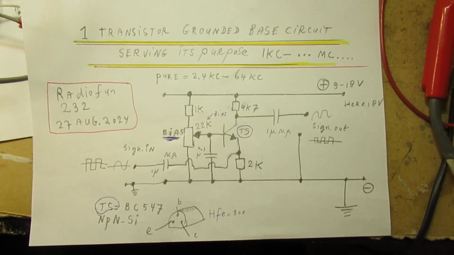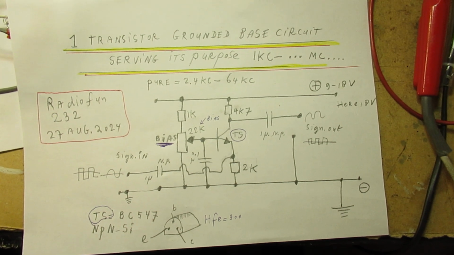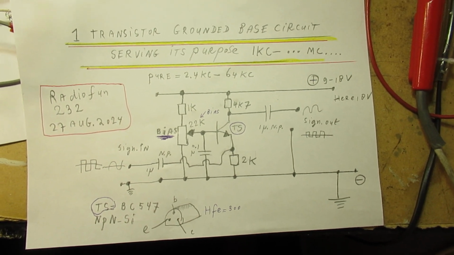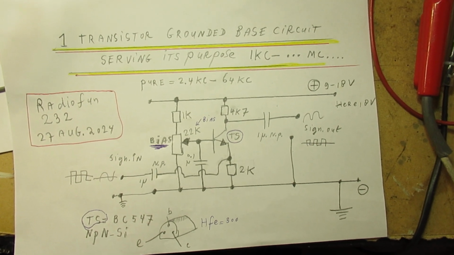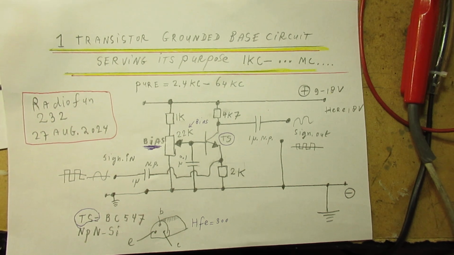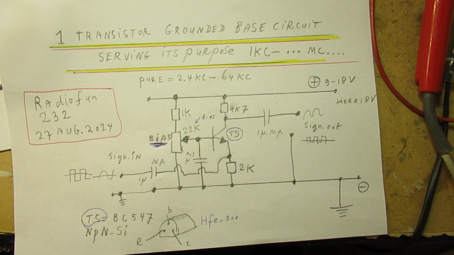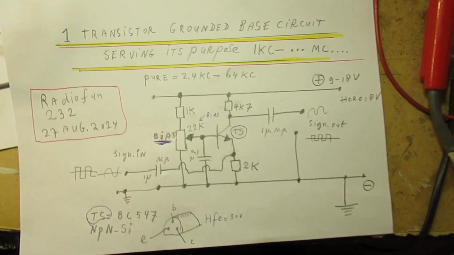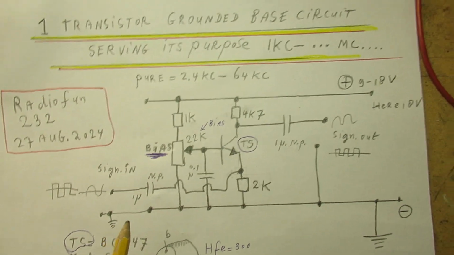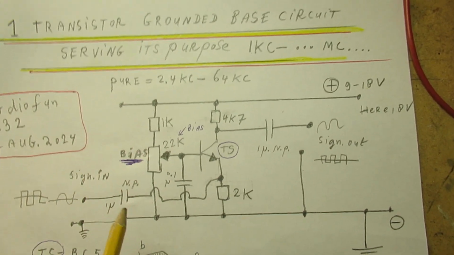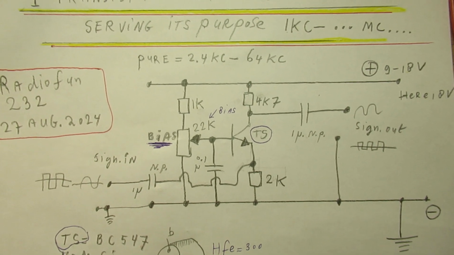And when you have some idea about all the earlier videos that I published on YouTube, there are approximately 1500 videos there, and in many videos I have paid attention to the bias of a 1-transistor circuit. Especially here we now have to do with a grounded base, and it looks a little bit like a grounded emitter circuit.